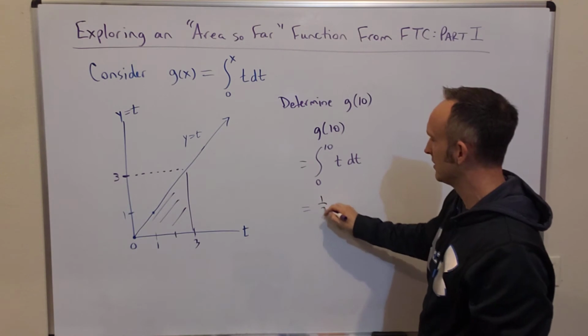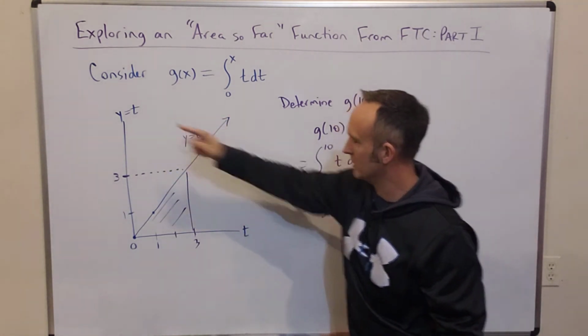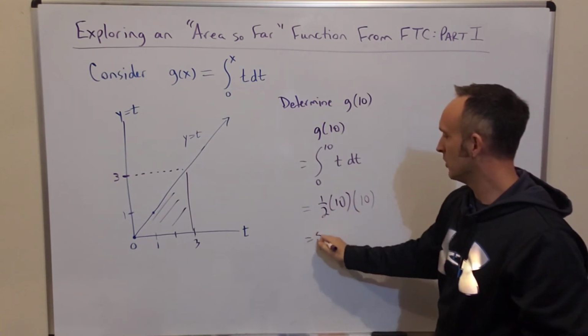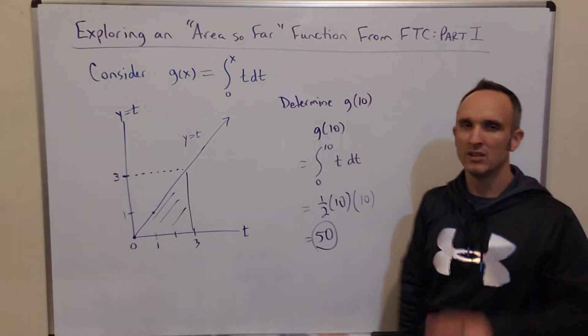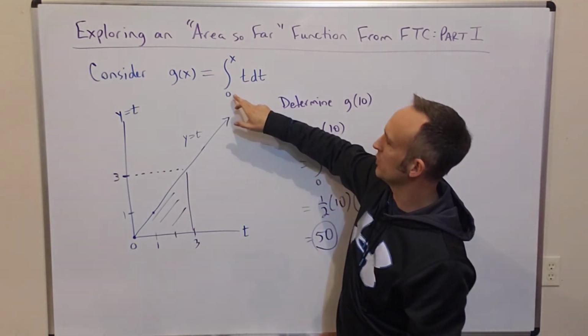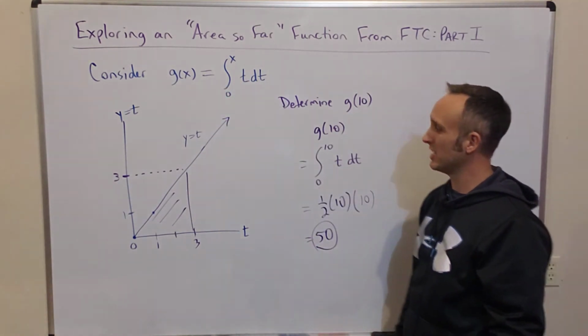So you'd have 1/2 times the base of 10. And the height would happen to be 10 also, again, because of the function we're dealing with. So we get 1/2 times 100, which is 50. Okay? So a couple quick examples to show you how to interpret this sort of function when you're going from a constant to a variable, and that upper limit of integration can change.